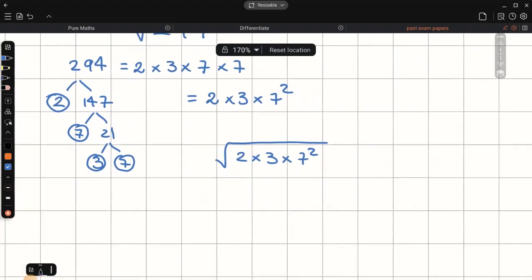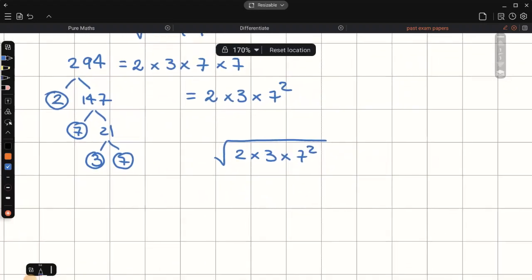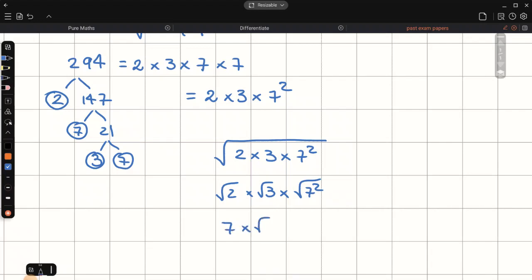If we split this root, I can write it as root 2 times root 3 times root 7 squared. We know that the root of 7 squared gives us 7. So we're going to multiply that by root 2 and root 3.